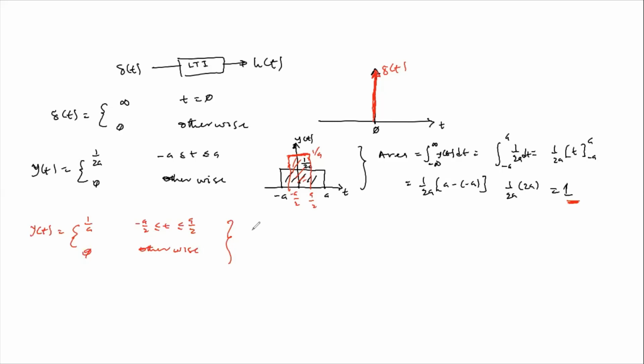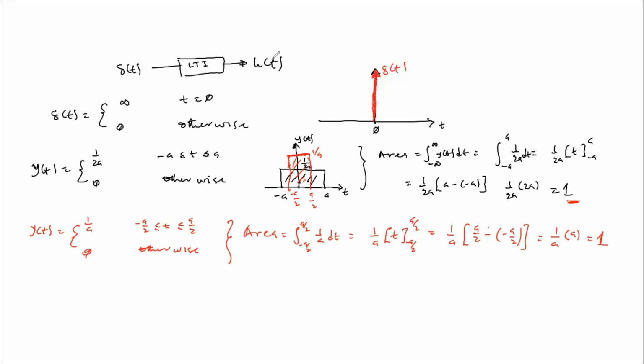Now, the area, in this case, taking the integral from minus a over 2 to a over 2 of 1 over a dt, that will give us t over a, evaluated from minus a over 2 to a over 2, so a over 2 minus minus a over 2. This gives us 1, which is equal to the area.